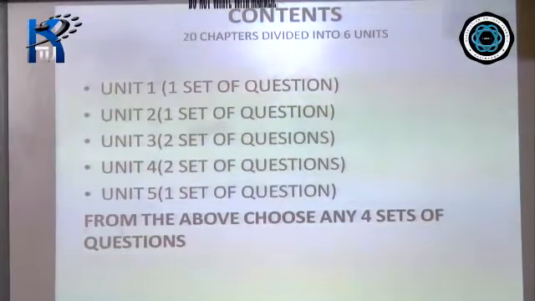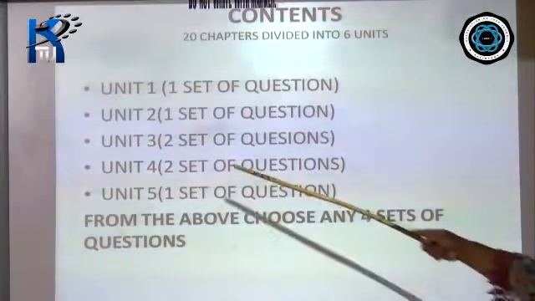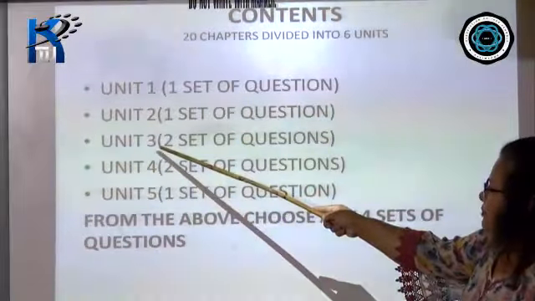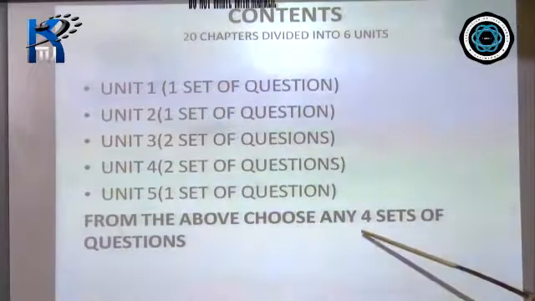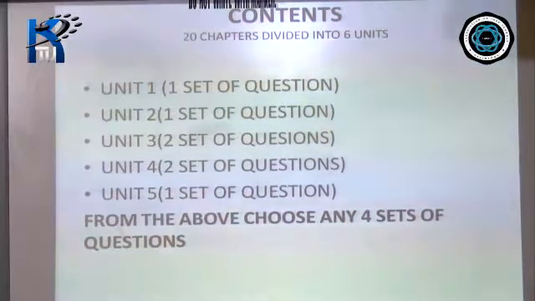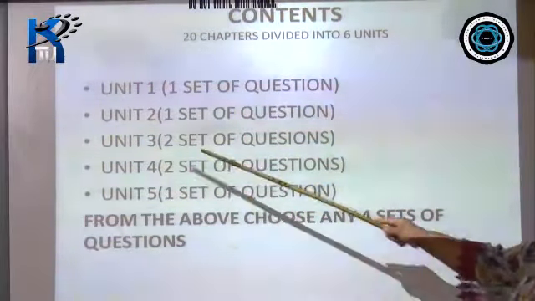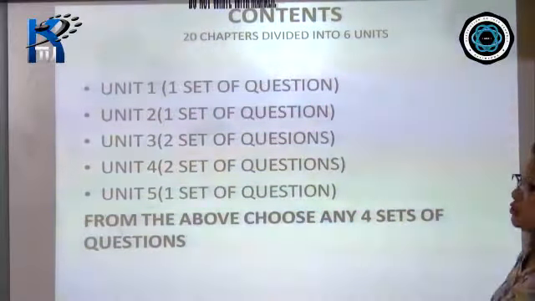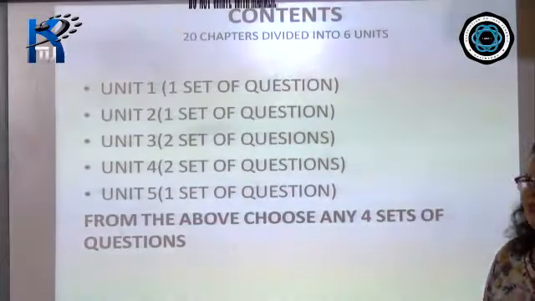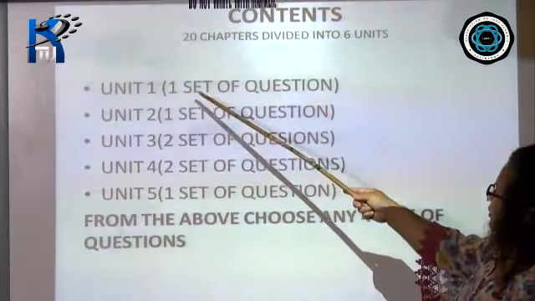Supposing you choose unit 3 and unit 4: from unit 3 you're getting 2 sets and from unit 4 you're getting 2 sets, so you'll be able to do 4 sets of questions. But if you're choosing unit 3 and unit 4 only, you have to be thorough with the entire thing, because you don't know what type of questions might come.